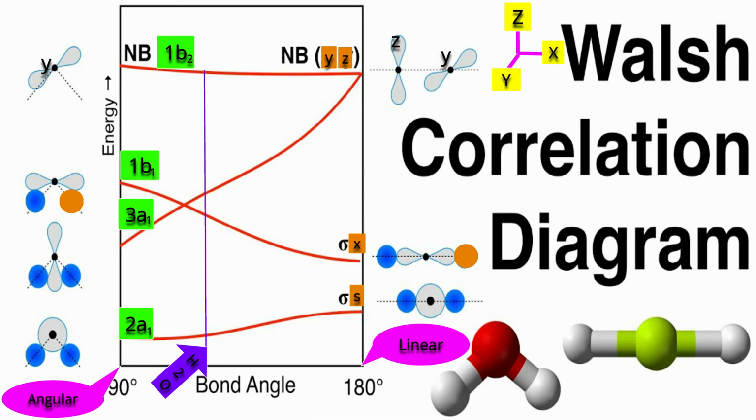Now come to the other energy level, sigma x. Actually, it is generated due to sigma to px. Now pay attention to the pictorial presentation of that orbital. I'm talking first about the linear arrangement.